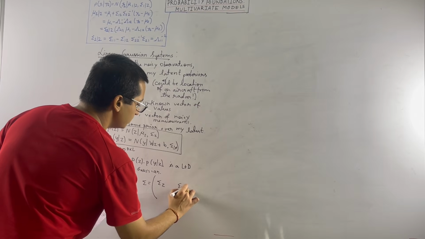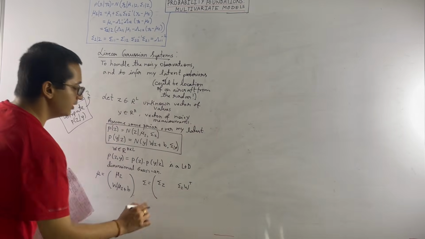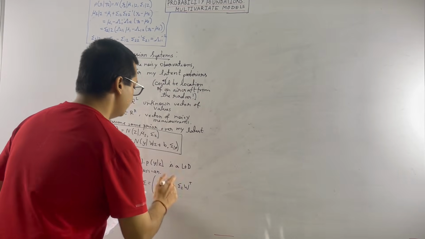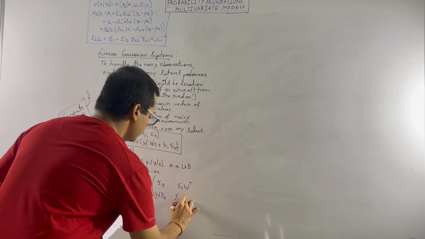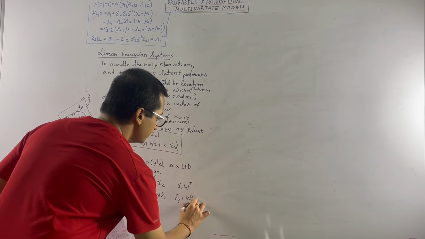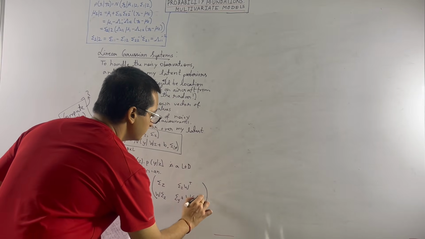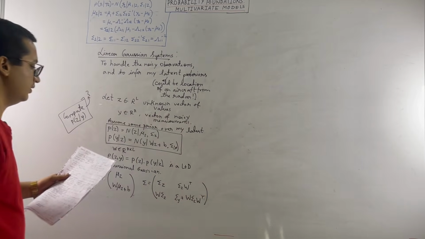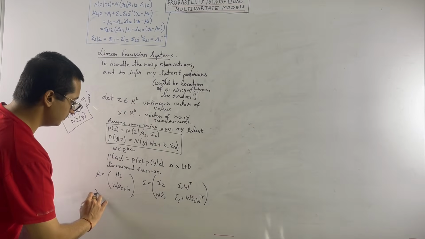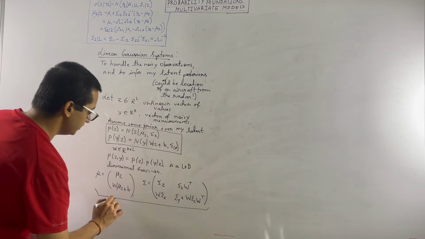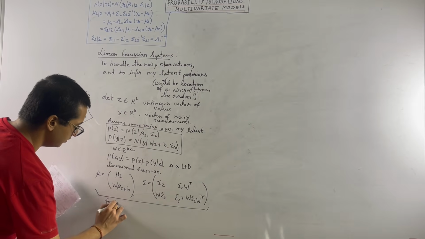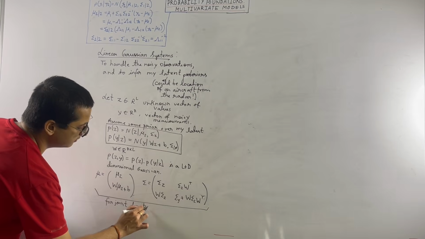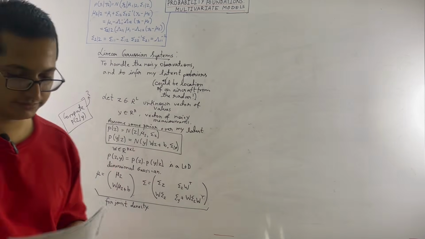Sigma z W transpose, then W sigma z, and this would be sigma y plus W sigma z W transpose. Okay, and this is basically mu and sigma for the joint density, for the joint Gaussian density. All right.